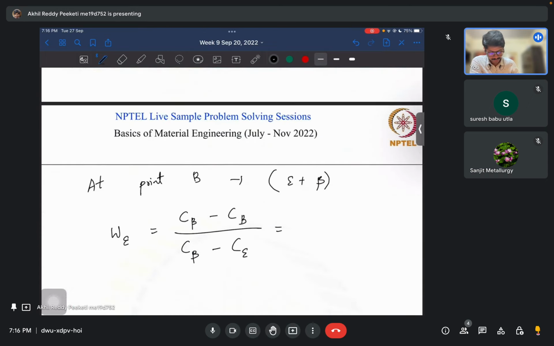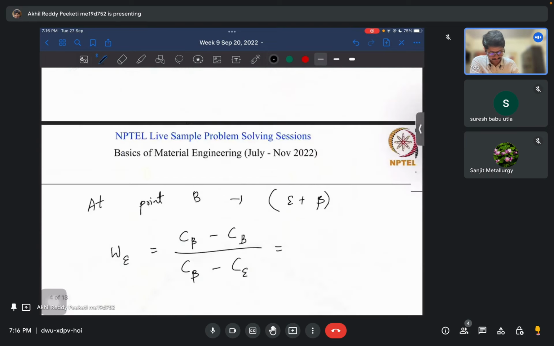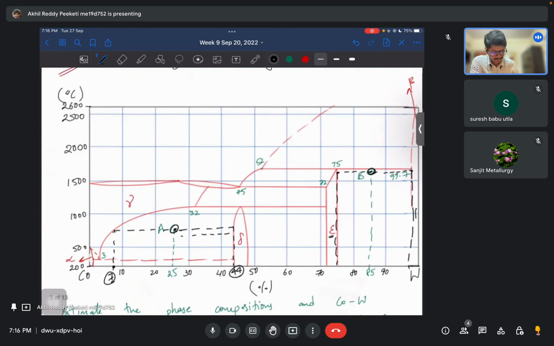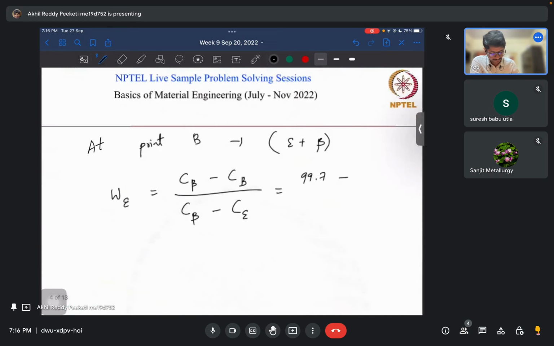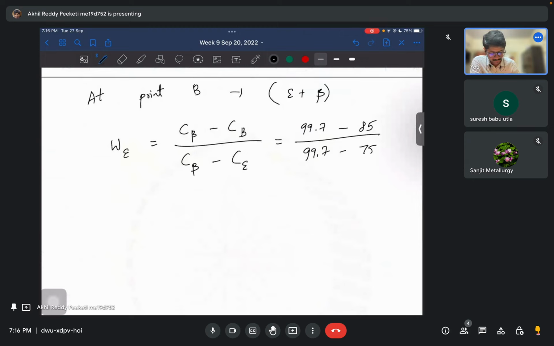So composition at beta is 99.7, given. So 99.7 minus composition at B, which is 85, and 99.7 minus composition at epsilon, which is 75. Okay.